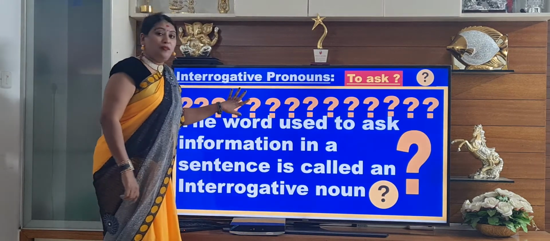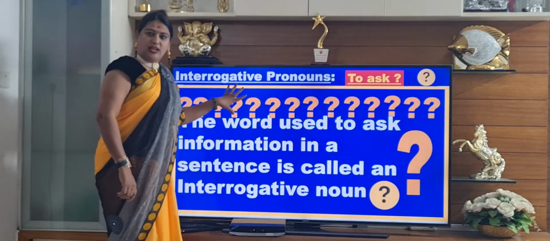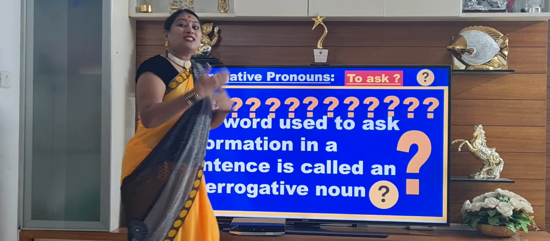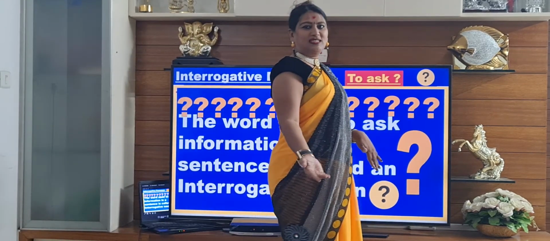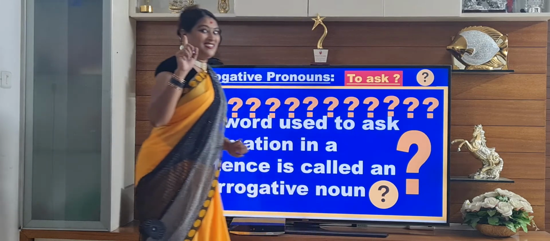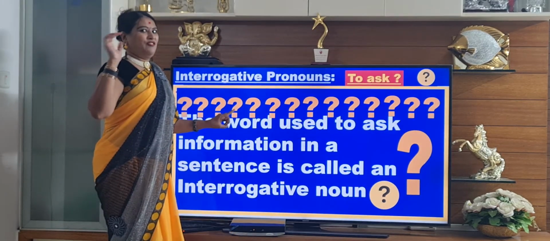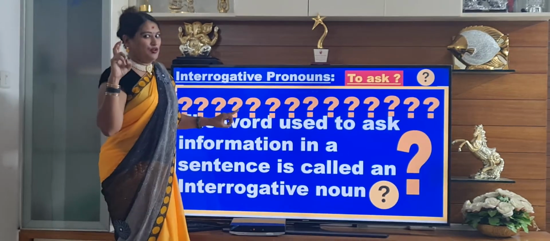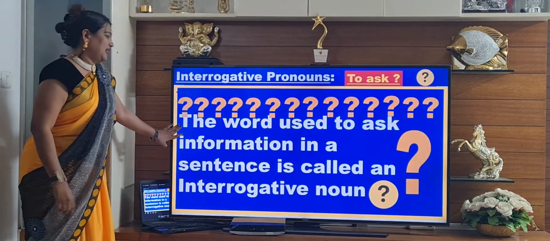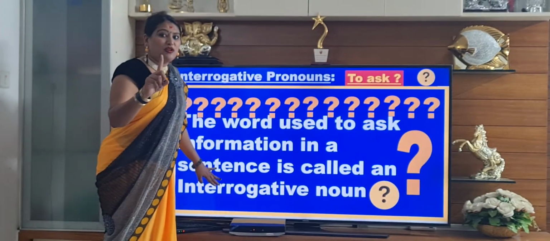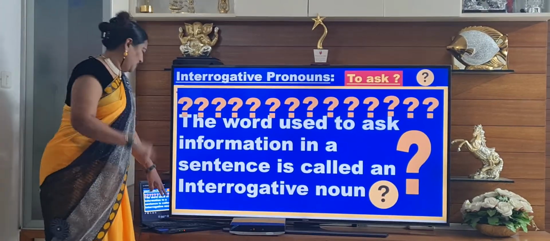Whereas when it comes to interrogative pronouns, the WH words are used to ask or frame questions in a sentence. They do not give you information. Got it? So when you get the answer, it will be a full stop. When you frame a question, it will end up with a question mark. So that's what is being said. They ask information. They do not give information. Okay, dear?